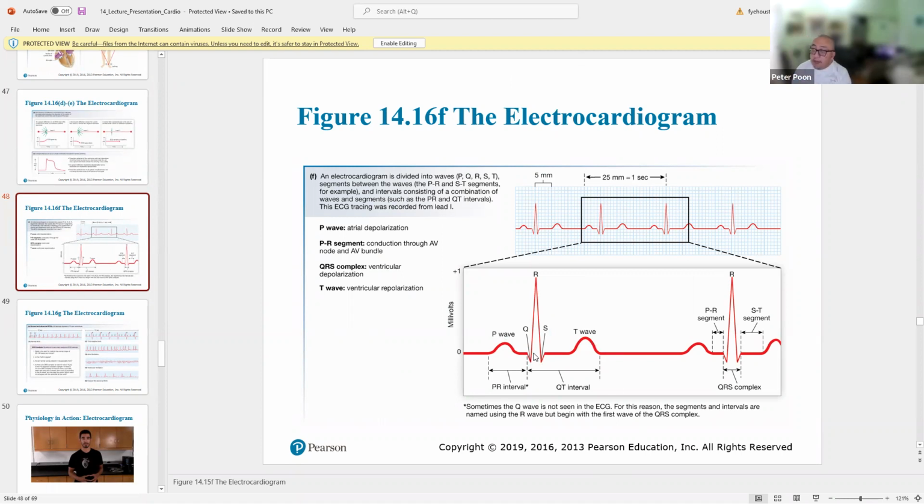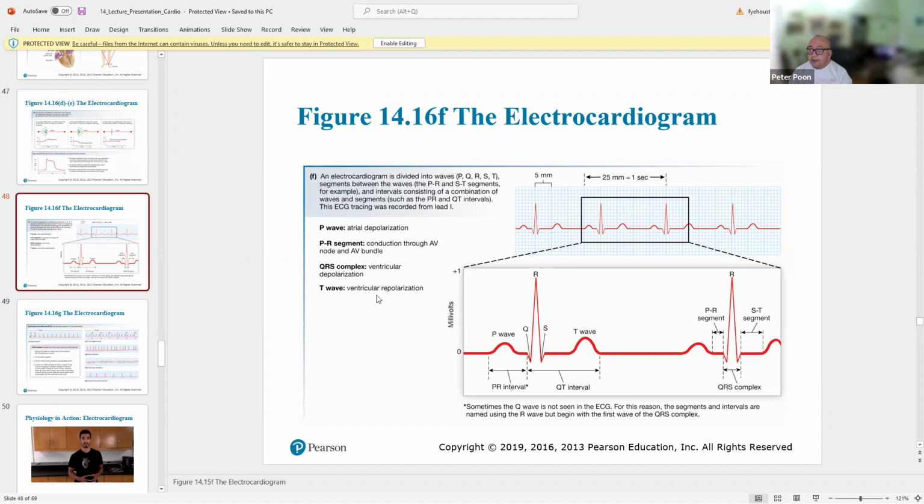And then this is a T wave. The P wave is the depolarization of the atria. The QRS complex is both the repolarization of the atria and depolarization of the ventricles. And then the T wave is the repolarization of the ventricles.